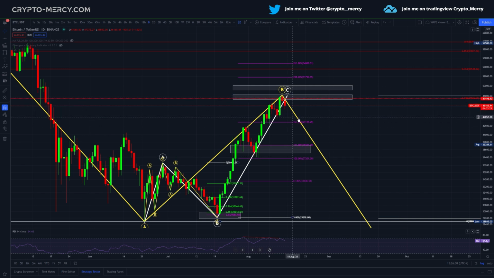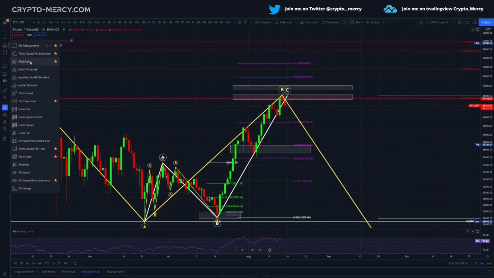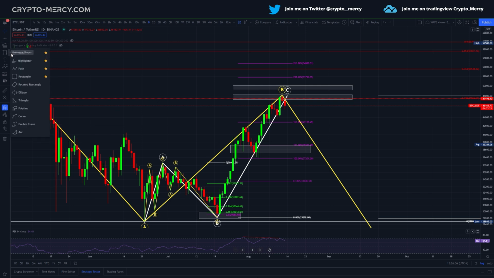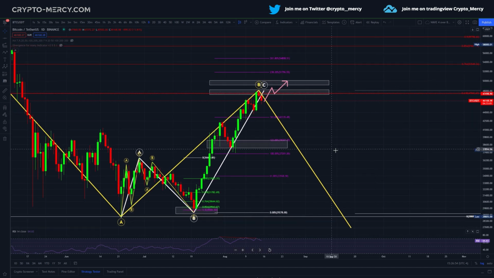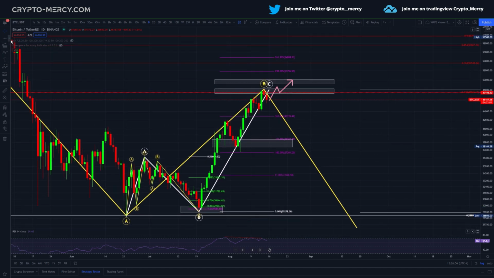When you have a resistance, to confirm this resistance as new support, the price needs to go over and retest this old resistance and confirm it as a new support. This is how you flip old resistance to a new support. I know this is educational, but this is not so crazy to understand.